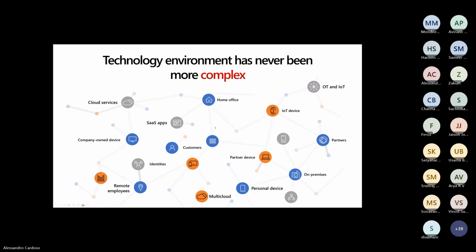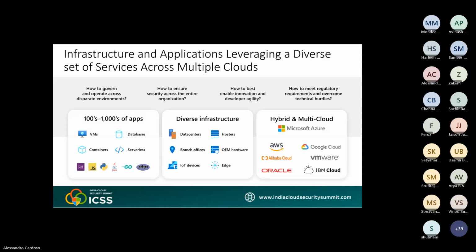So if we look at the number of infrastructure and applications, they leverage a lot of diversity when it comes to environments. We have at least three major clouds: AWS, Google, Microsoft, not counting Oracle, Alibaba, IBM, plus on-prem, plus your own devices.